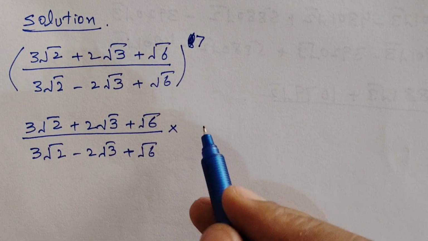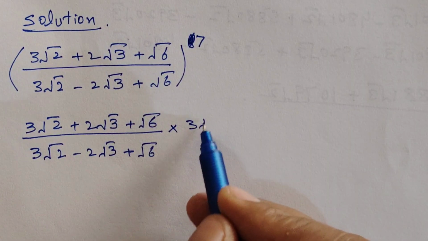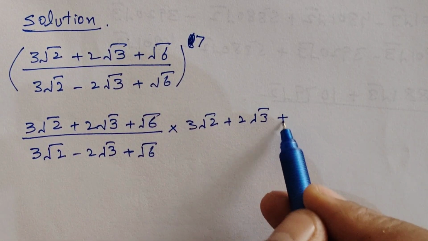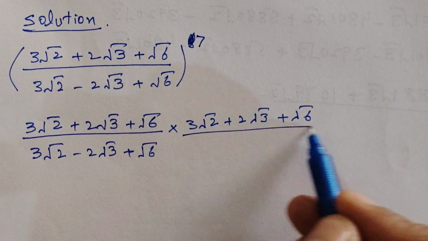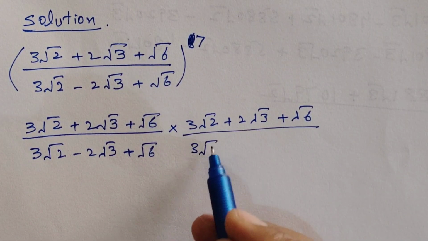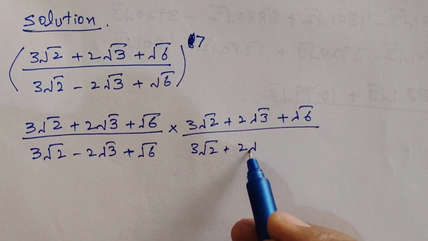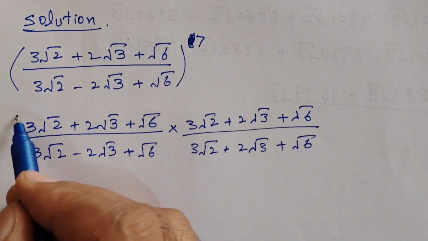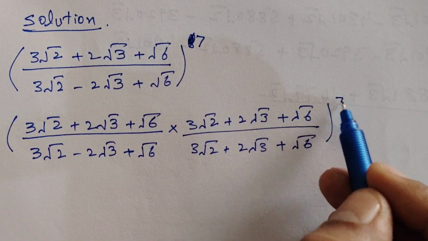Now we multiply with 3 square root of 2 plus 2 square root of 3 plus square root of 6 and divide by the same, 3 square root of 2 minus 2 square root of 3 plus square root of 6, whole power 7.